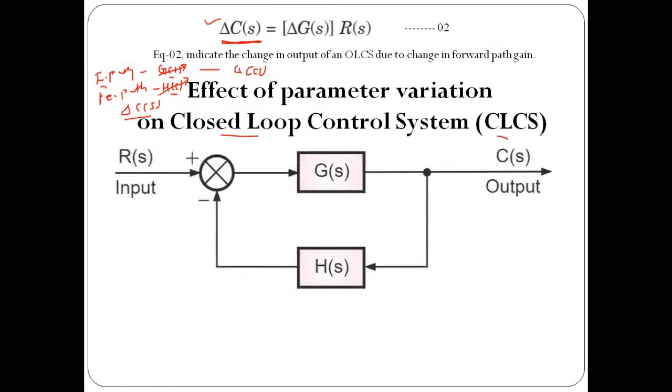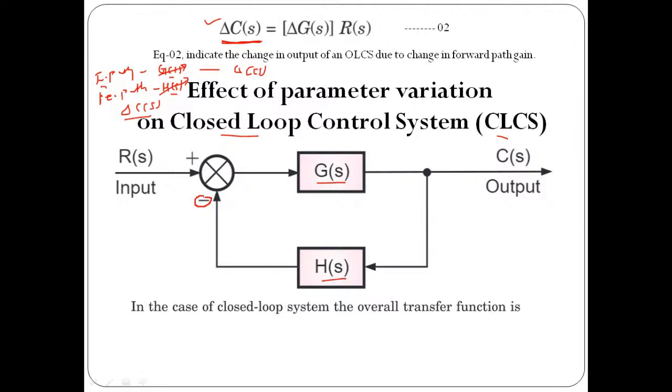So let us take the first case. This is our closed loop control system, where G(s) indicates the forward path gain and H(s) indicates the feedback path gain. This is the summing point, and this is the takeoff point. Here we have taken a negative feedback system.